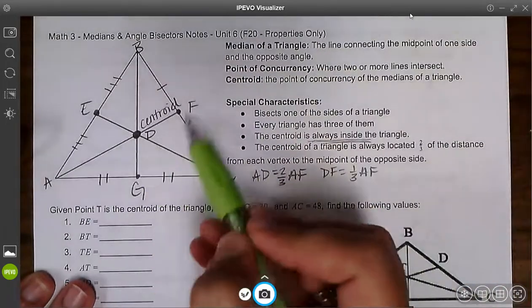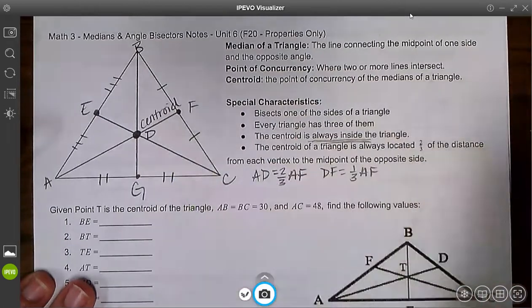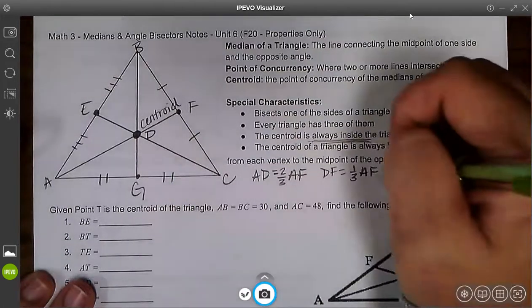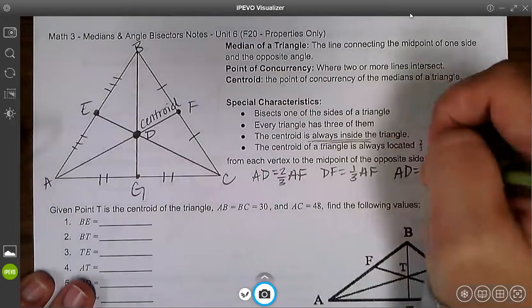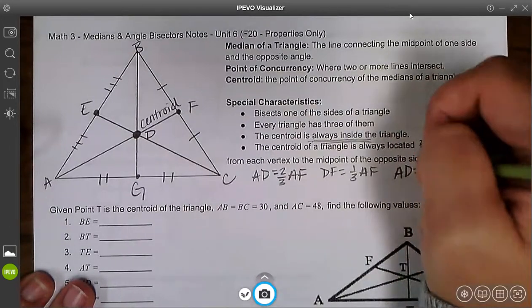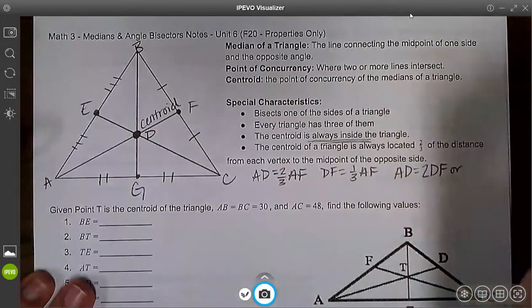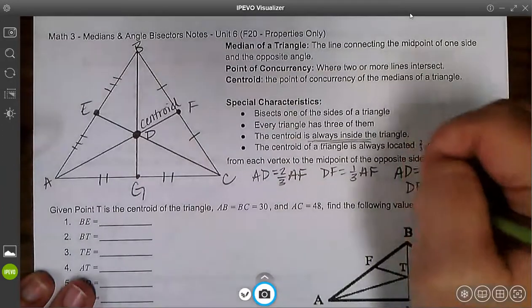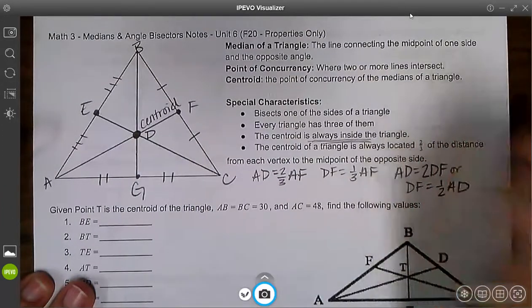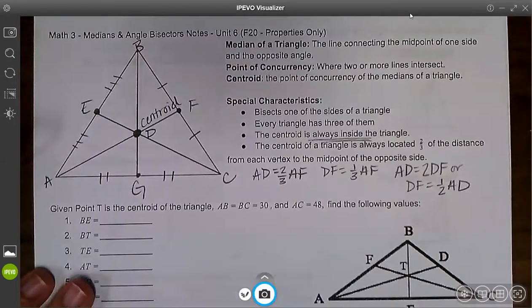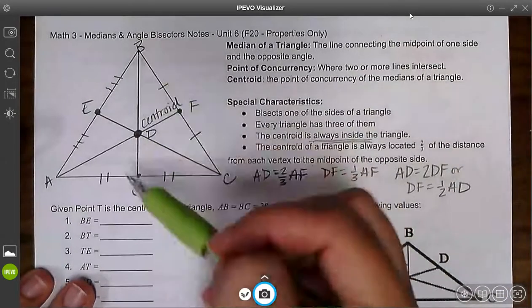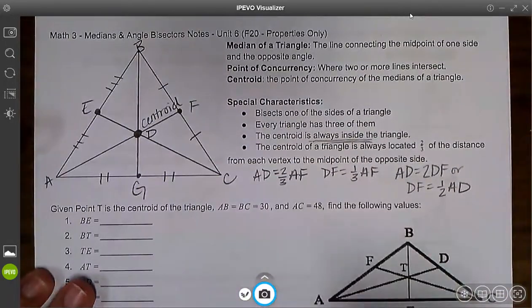The smaller portion is always 1/3 of the whole thing. That means that AD is equal to 2 times DF, or you can say that DF is 1/2 of AD. Okay, this is just for this one. This applies to all the medians when the centroid is known.